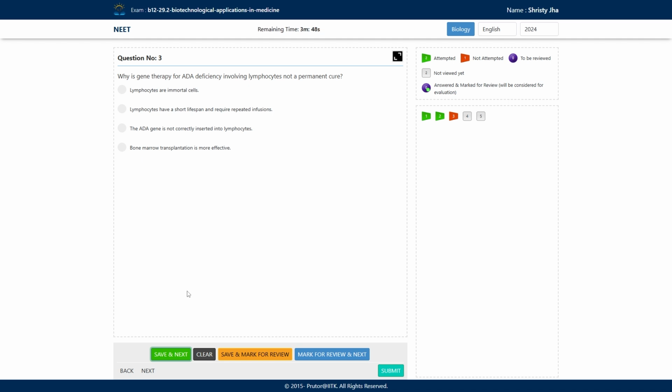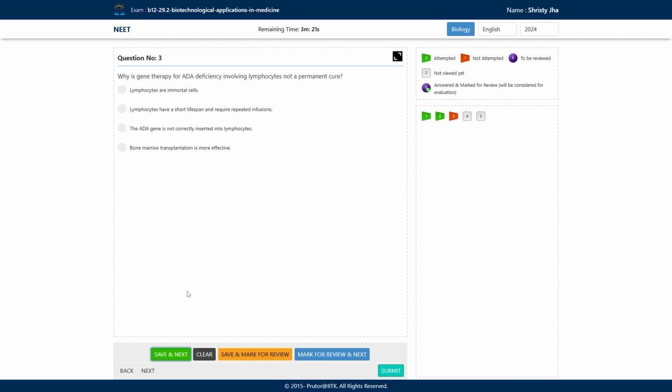Why not? Basically, we take the lymphocyte and do the gene therapy with this lymphocyte. But the reason is that this lymphocyte is not immortal, meaning that the lymphocyte also dies. So once this lymphocyte, which has the genetically altered gene in which the ADA gene is present, dies after some time, we can't cure it permanently.